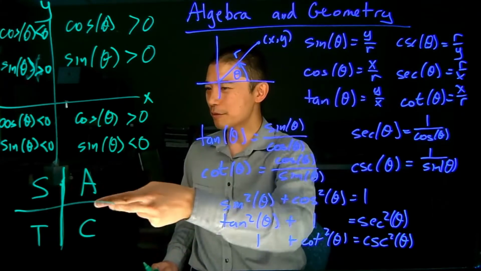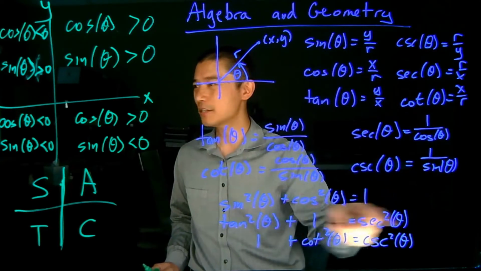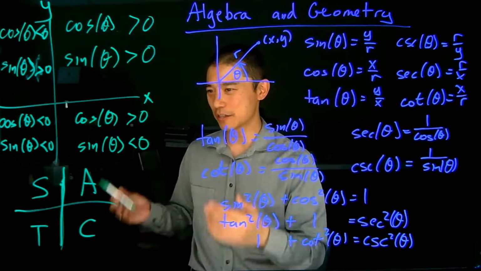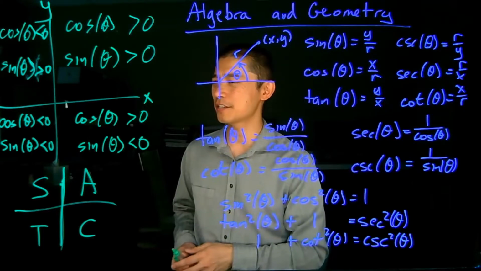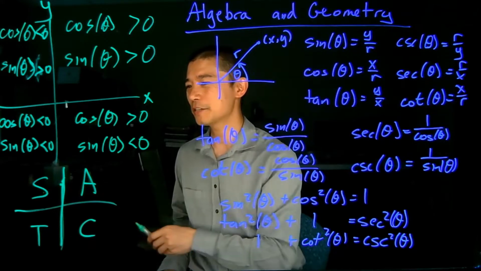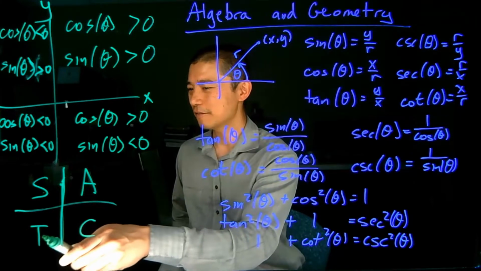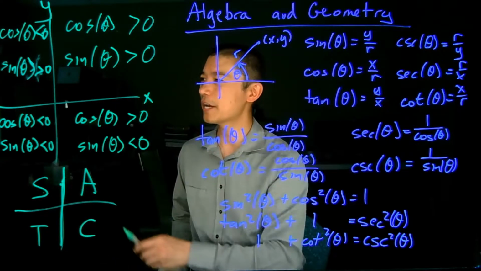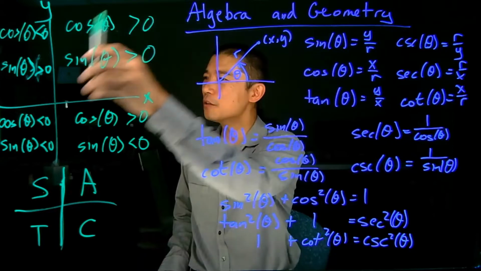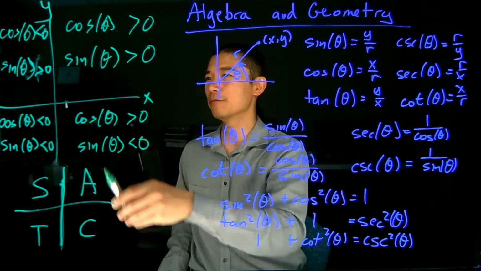And then with the reciprocals, you can find out the rest of these, whether these are positive or negative, based on the fact that when you take the reciprocal, the sign doesn't change. So if sine is positive here, that means that cosecant is positive here. And if tangent is positive here, that means cotangent is positive. And so all of this relates back to the geometry of the coordinate plane.